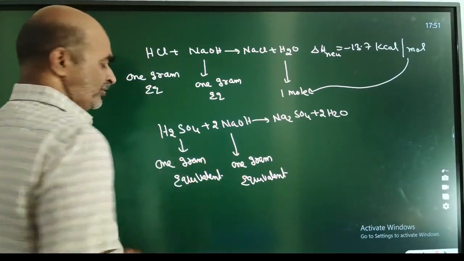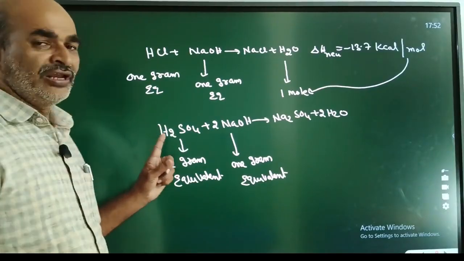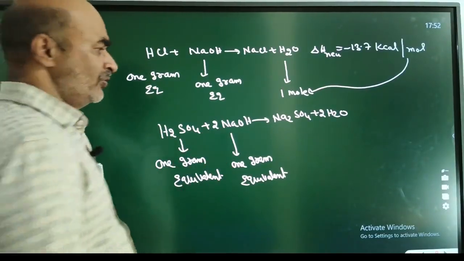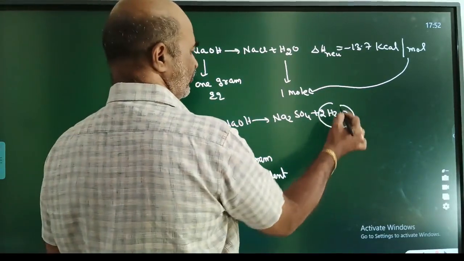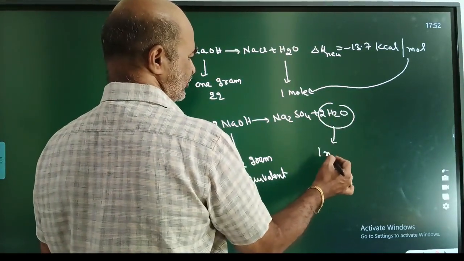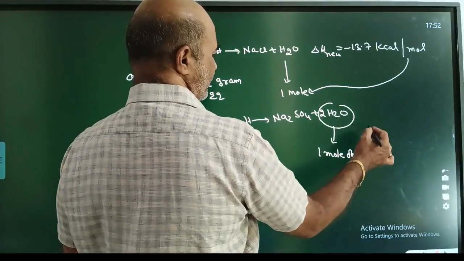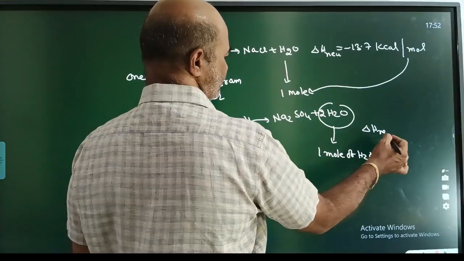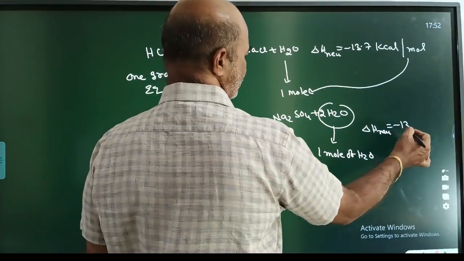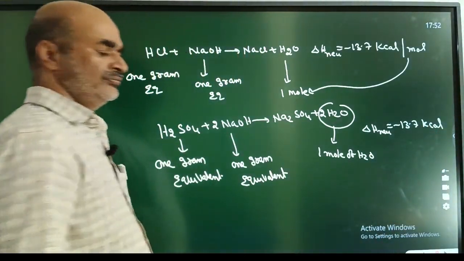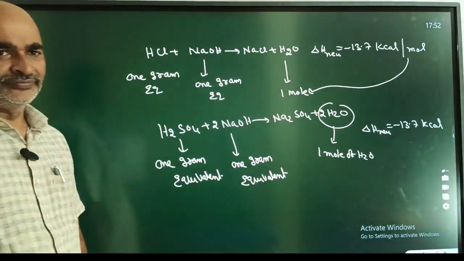So, when you take 1 gram equivalent of sulfuric acid and 1 gram equivalent of NaOH, you only get 1 mole of water. So, enthalpy of neutralization is equal to minus 13.7 kilocalories.